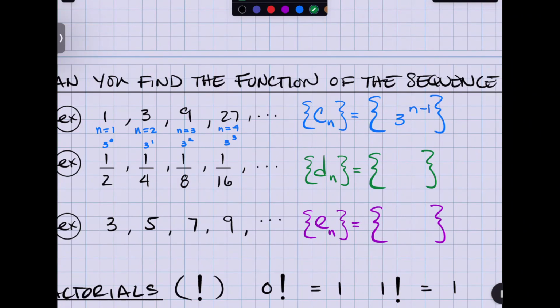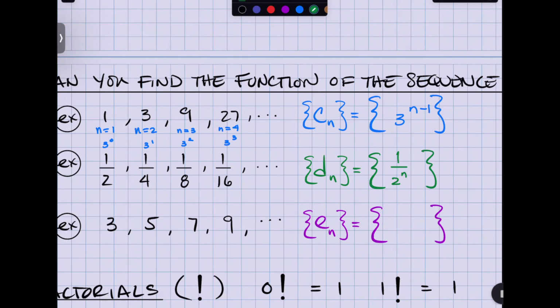What makes 2, 4, 8, 16? I'm going to guess the next one is 1 over 32nd, and then 1 over 64th. 1 over 2n. 2 to the n. I know. That's why I wrote it this way. How about the last one?